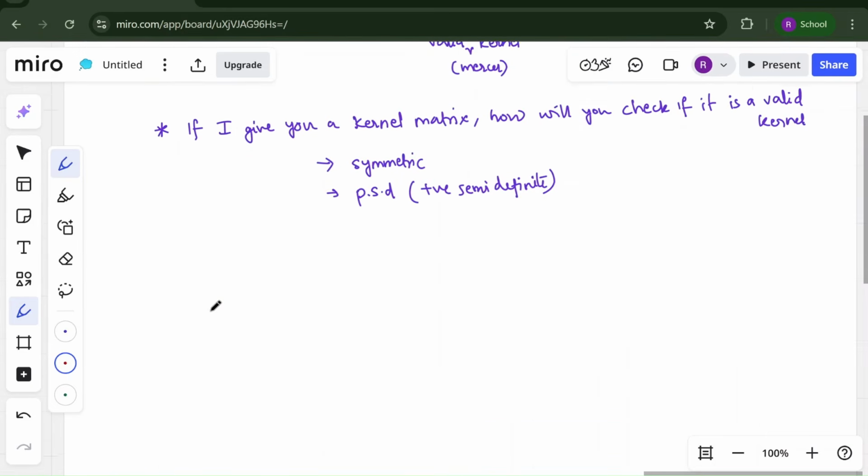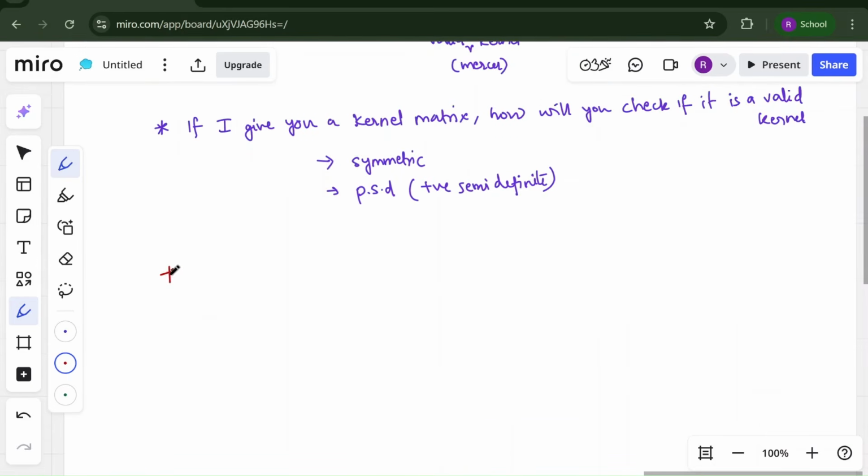Fine. There is one more important point where there will be a lot of questions, at least 1 or 2 questions. In polynomial kernels, there are a lot of numbers, right? One is the small dimension d, one is the degree of the polynomial p, and one is the bigger dimension capital D. So what are these?